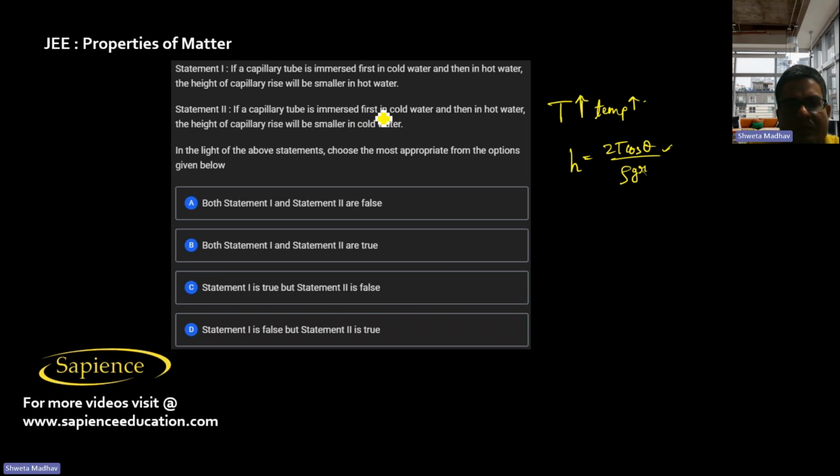If a capillary tube is immersed first in cold water and then in hot water, the capillary rise will be smaller in cold water.